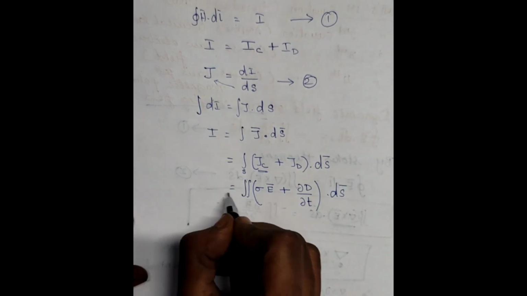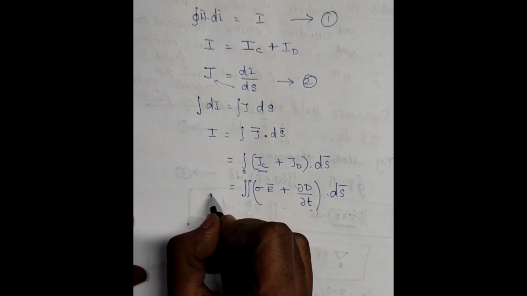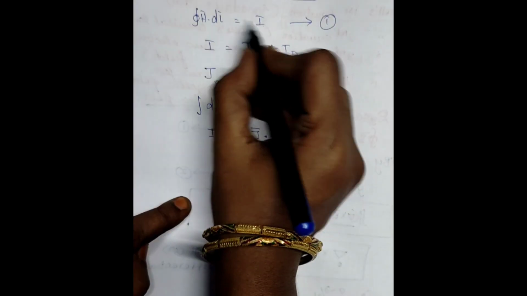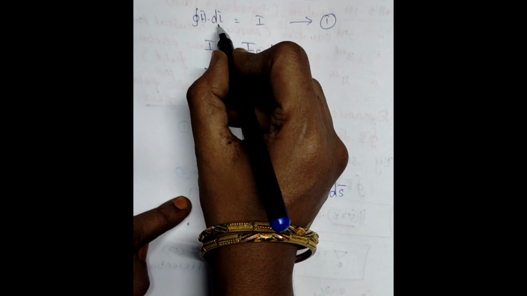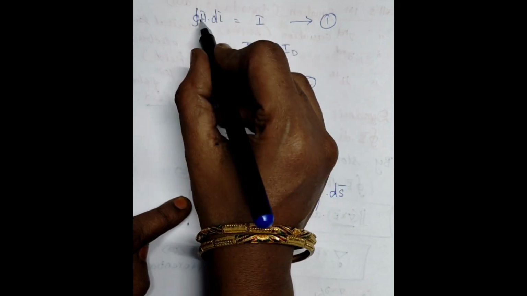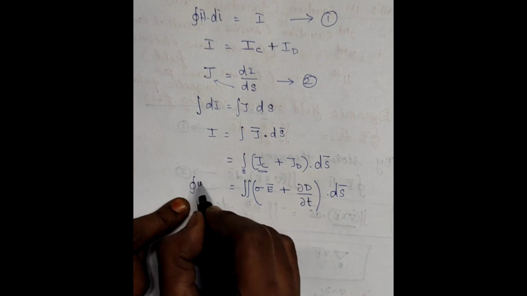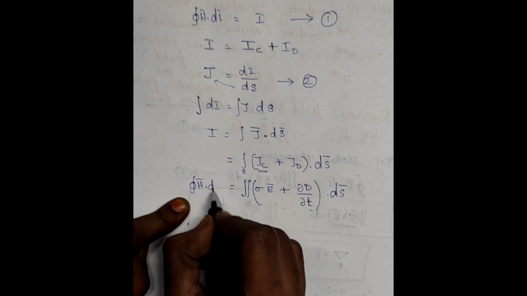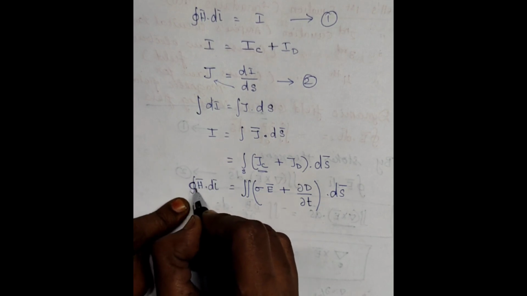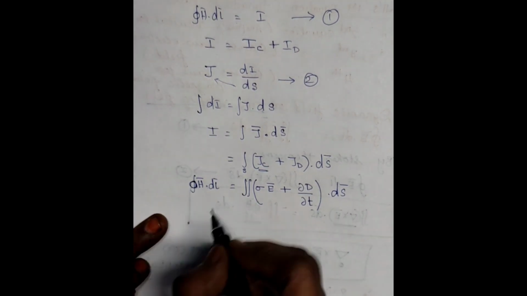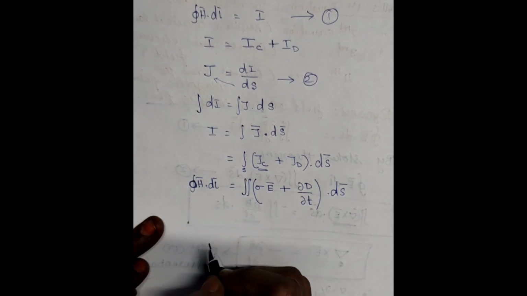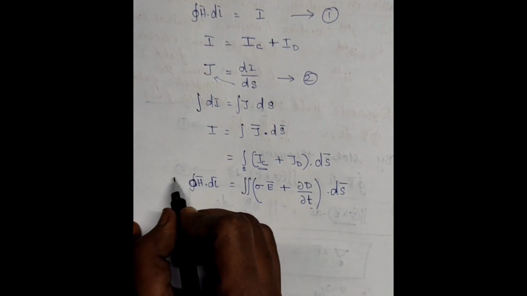In the left hand side, what I want to take is I. The value of I is equal to the integration of H dot dl. So here I write the single integration, the line integration of magnetic field intensity around a closed path. I represent the closed path with this circle.